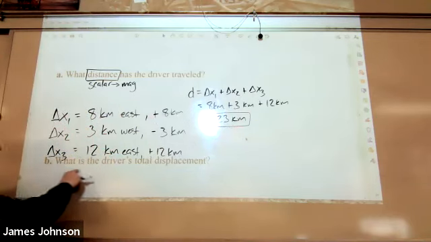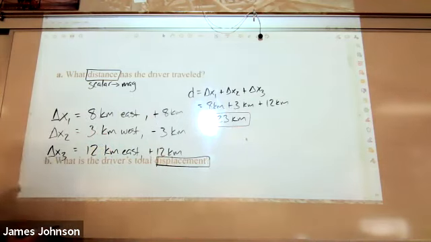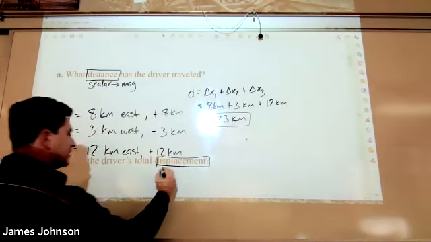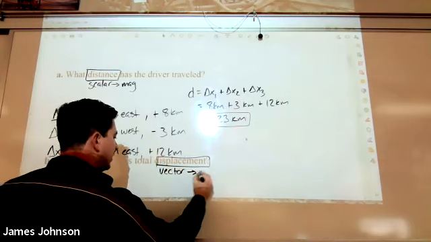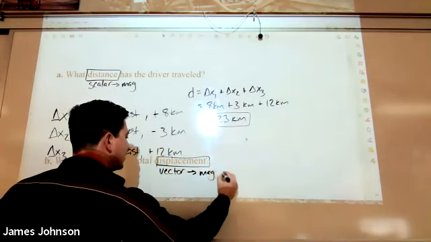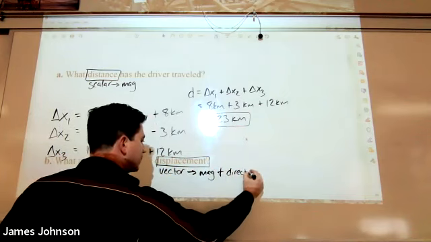So in B, we get the other question. What is the total displacement? So this is a vector, which means we need magnitude and direction.